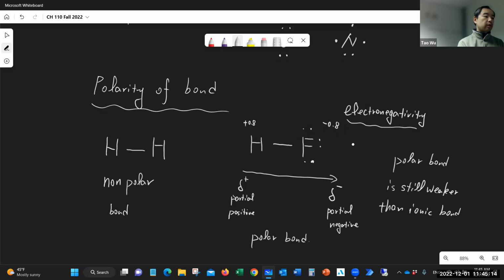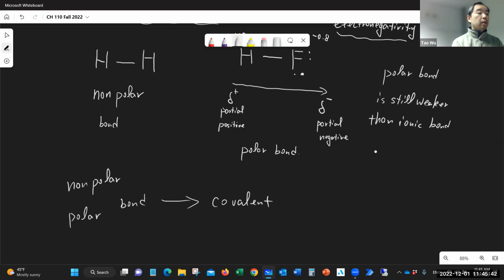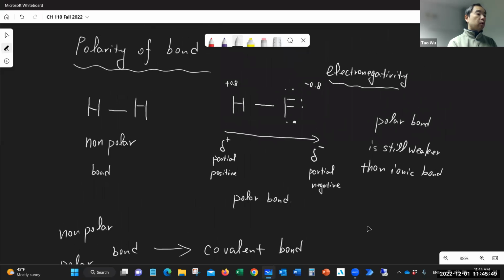So it's still weaker, but those are the two different situations for the molecular compound, okay? Generally, the nonpolar and the polar bond still belong to covalent bond, which means it's still a molecular compound. Those still belong to covalent bond, nonpolar and polar bond.